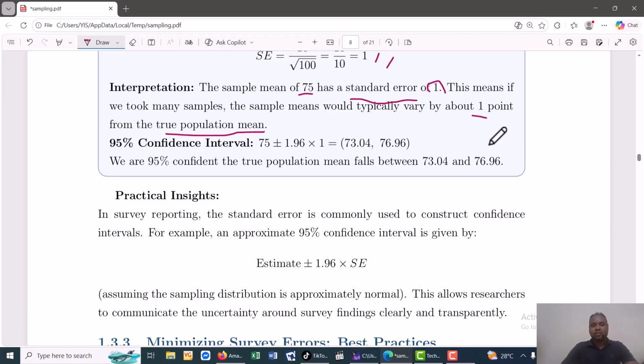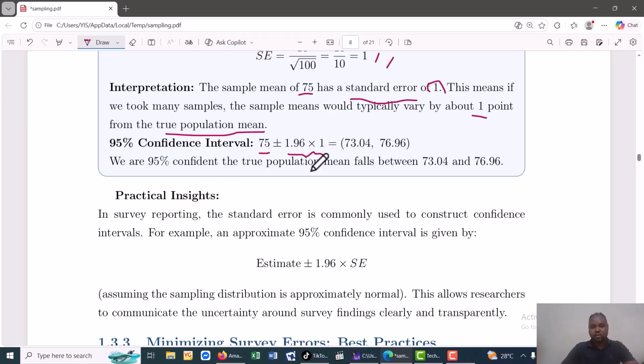constructing a confidence interval is one use of standard error. Here we can construct the 95% confidence interval for the true population mean, which is the sample estimate plus or minus the margin of error, where the margin of error is the sampling distribution value at a certain level of significance times the standard error.